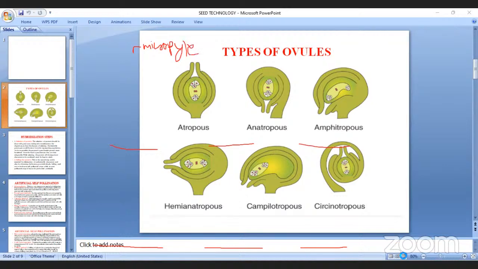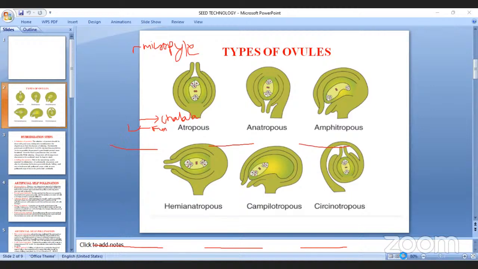And this is the body, and the base of the body is called the chalaza. And the stalk, attached at the base, is called the funicle. Already told you yesterday.